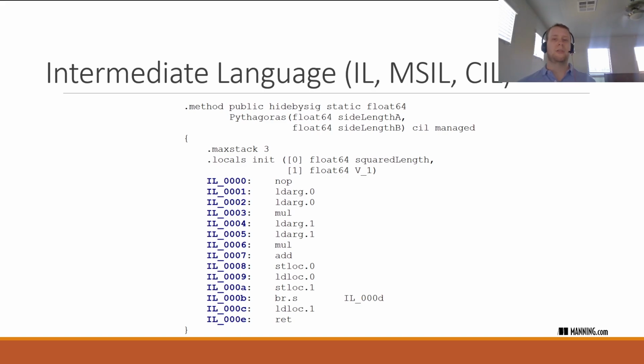Now here on this slide, you see the intermediate language representation of the Pythagoras method we saw before in high-level C#. If you are familiar with assembly programming, you may recognize some of these opcodes. When you distribute your C# application, this is what you're distributing.